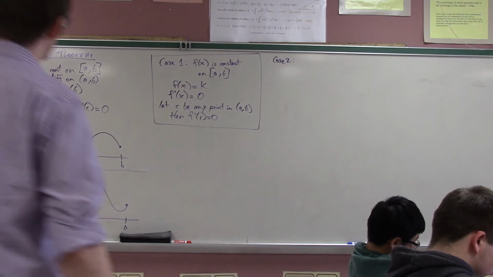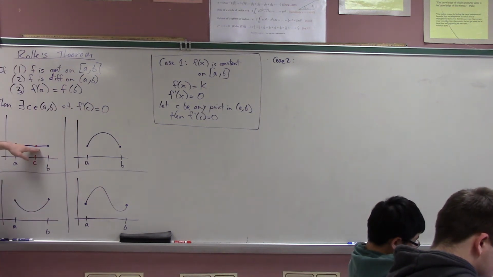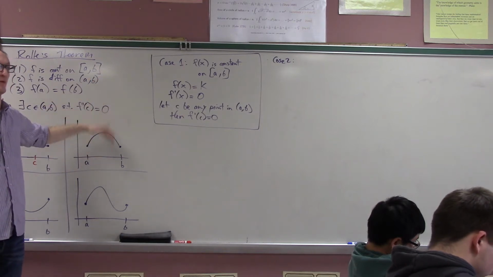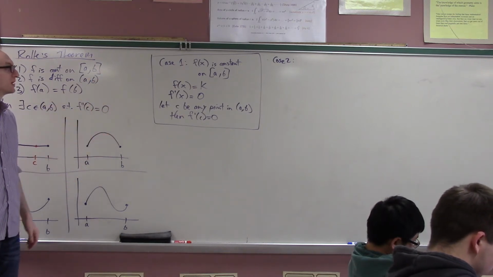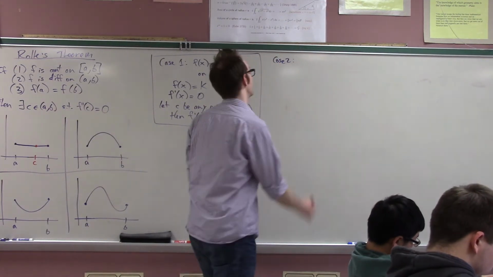Yeah. Okay. Well, there are basically only two possible things that can happen: constant or not. If it's not constant, then somewhere it's going to be either above or below that y value. So case 2, let's just suppose that somewhere it's above that y value.